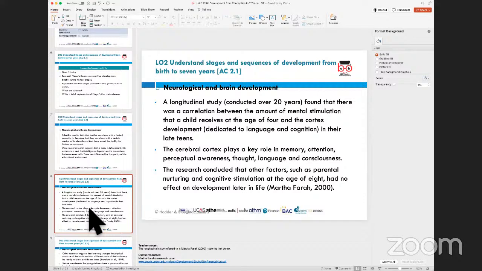Now, obviously, there are lots of studies which have been carried out. One of the studies primarily talks about a longitudinal study, which was conducted over a 20-year period.